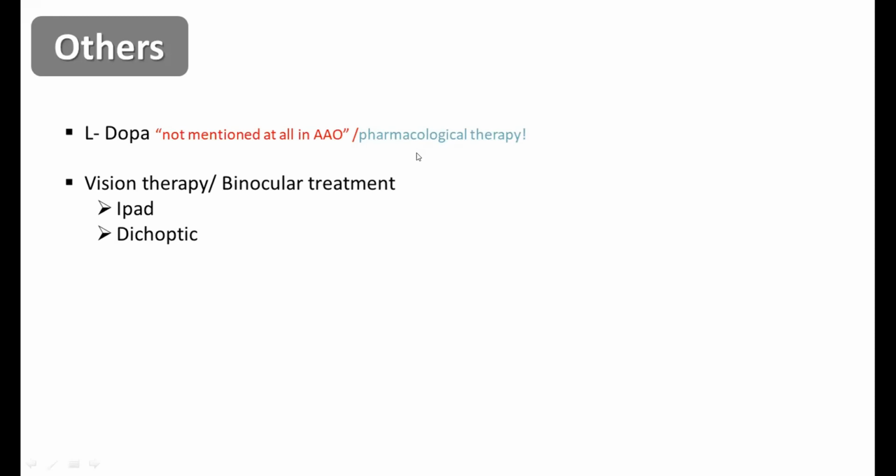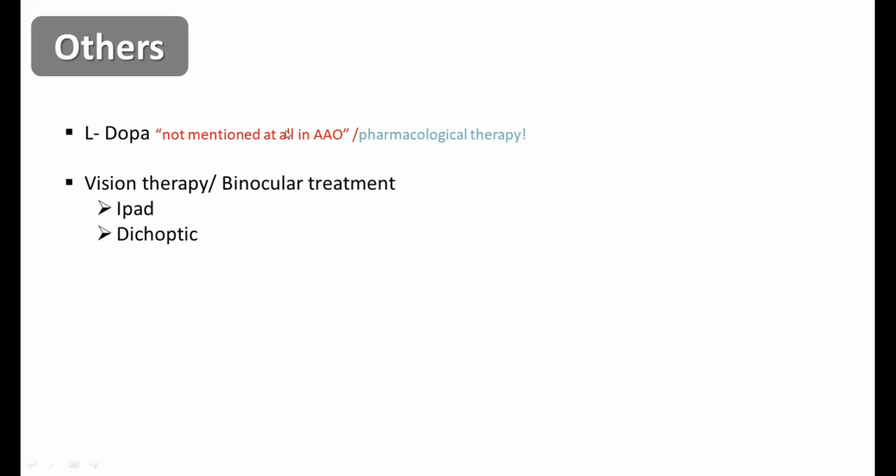However, the word pharmacological was also used with atropine eye drops. So supposing you are in a situation and you don't know, if you are asked about pharmacological therapy, you can mention topical as atropine eye drops and systemic as L-dopa. So you cover all the possibilities of what they mean by pharmacological therapy.